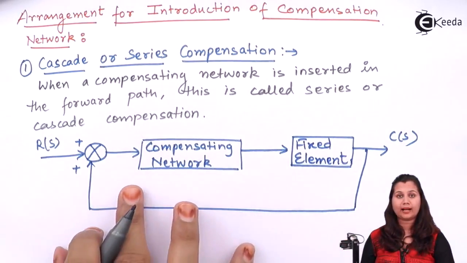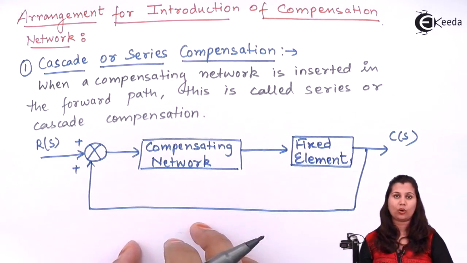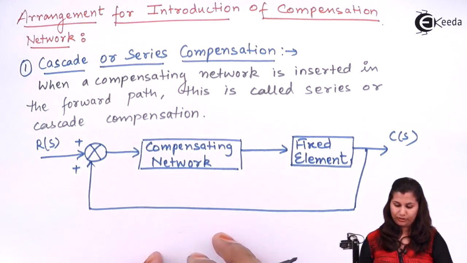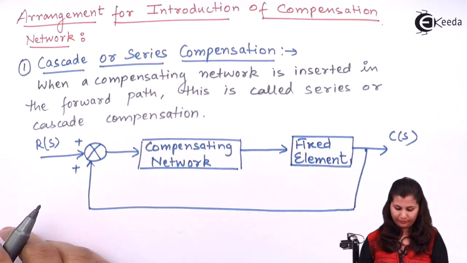So we have added the compensating network in the forward path, so it will be called cascade or series compensation. Now the next type of compensation is feedback compensation.